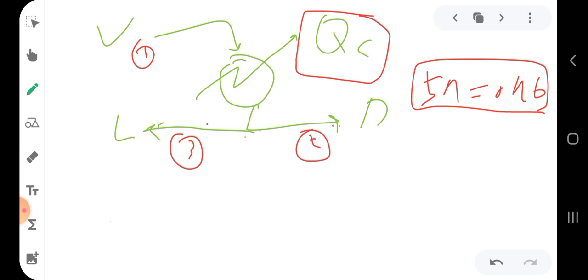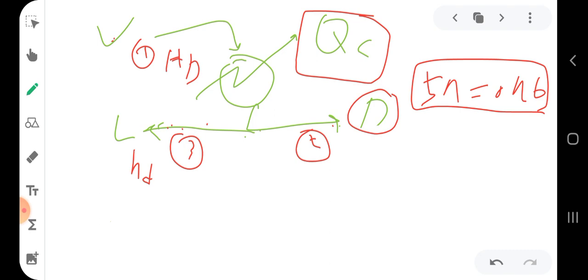Since this is a vapor, this stream will have an enthalpy of vapor. And since the third stream is liquid, it will have an enthalpy of liquid. And since we are talking about the distillate part, we will call it H capital D and H small d. But what about this distillate?